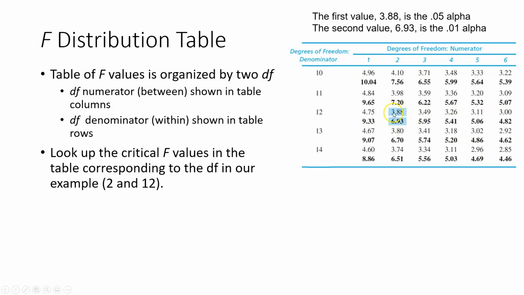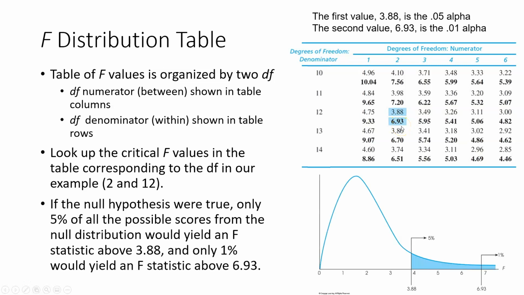The value in normal face is the value if your critical alpha is 0.05, and the bold face value is the one that you would use if you had an alpha of 0.01. So we could use either 3.88 or 6.93, depending on how stringent of an alpha value we wanted to use.